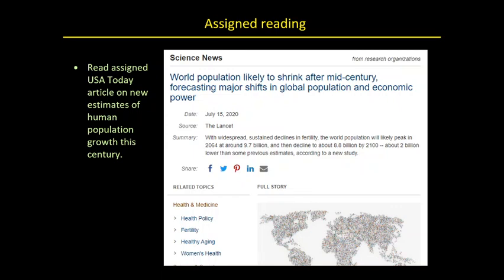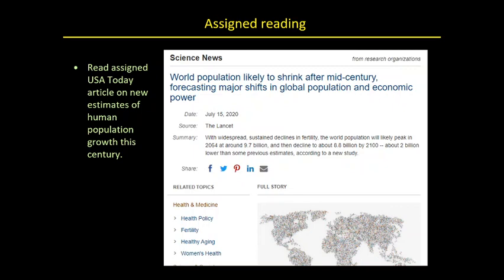What did it find? Well, some researchers at the University of Washington in the Pacific Northwest did a much more detailed model projecting human population growth through the rest of this century, taking into account some economic factors, women's education, and a bunch of other things that were not really built into the United Nations models that are typically used. The upshot is that their projections are that world population will peak around the year 2064.